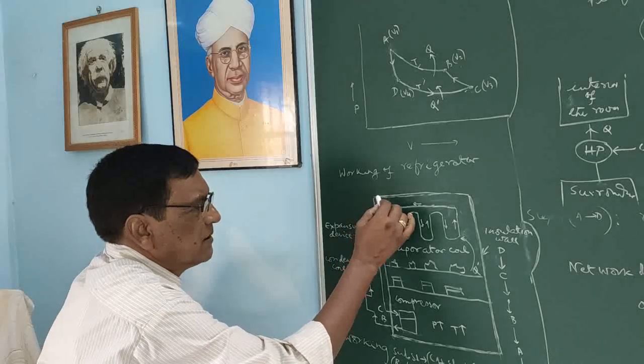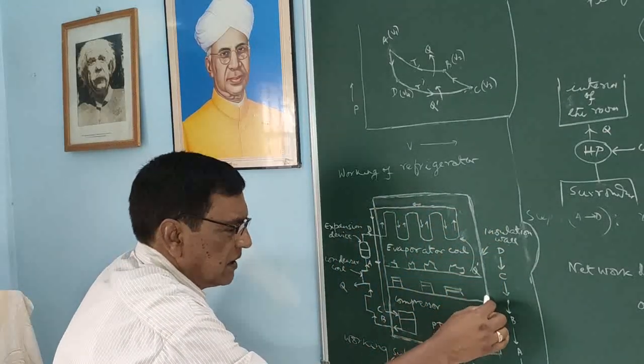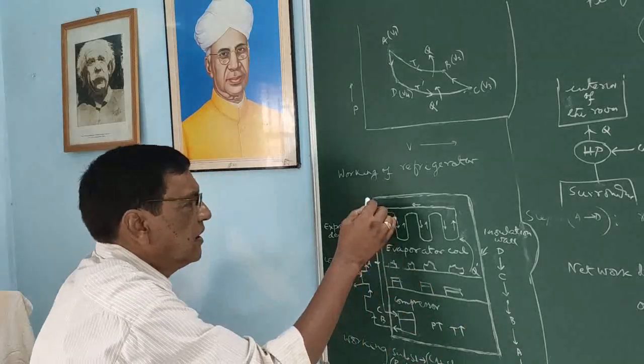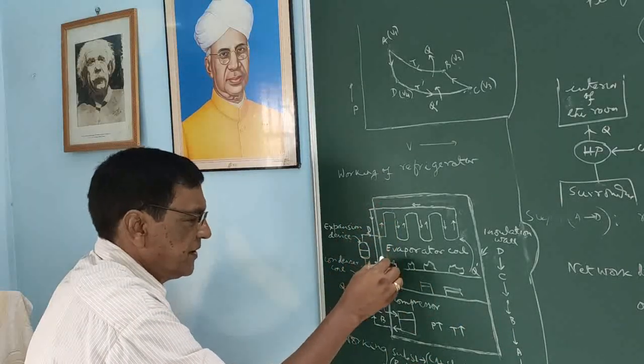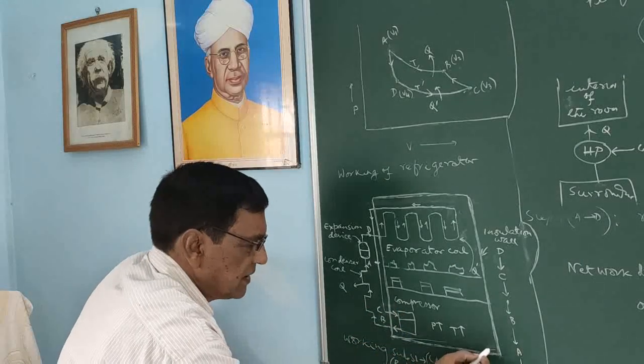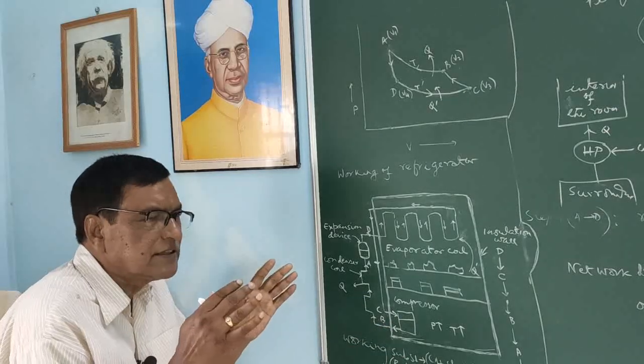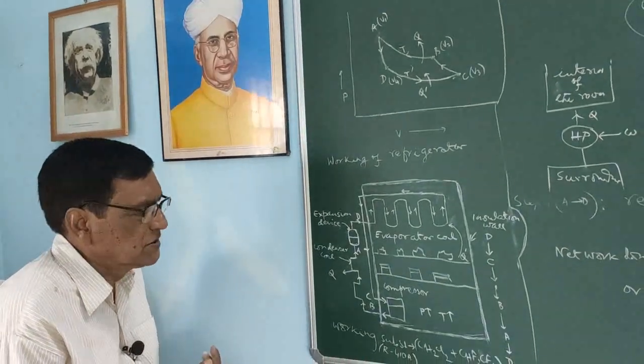And this is the wall of this refrigerator. Everyone, I think, knows or has seen this refrigerator in the kitchen. The refrigerator has four components, four parts.